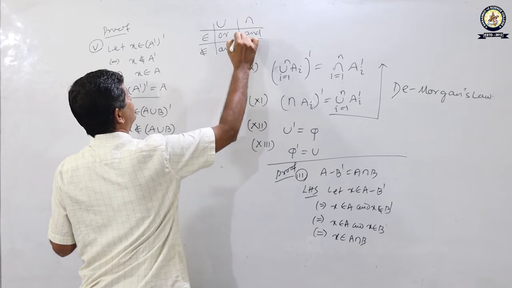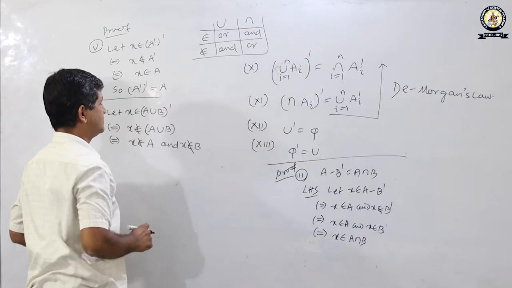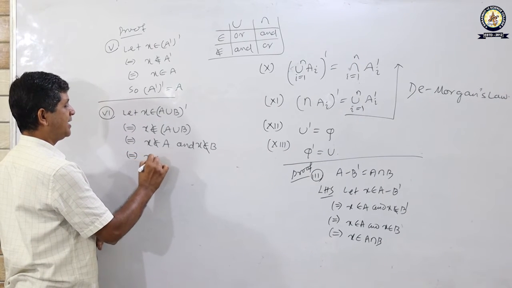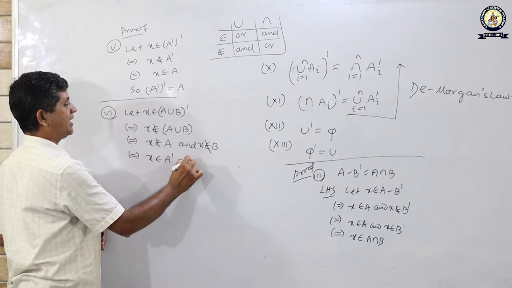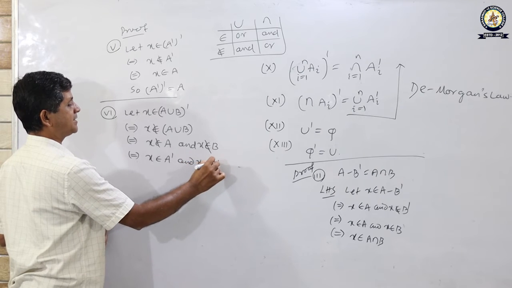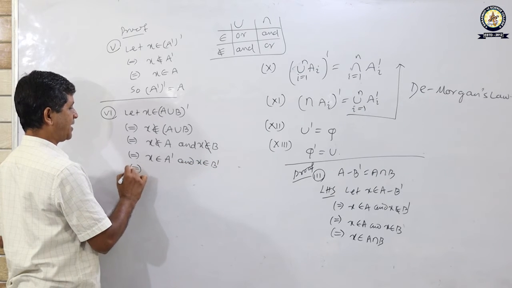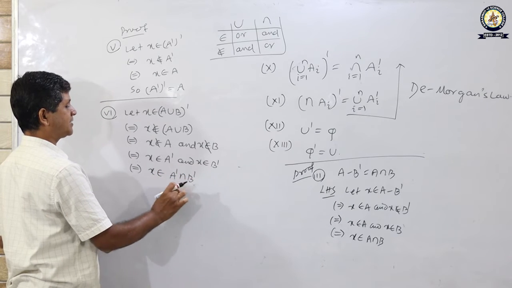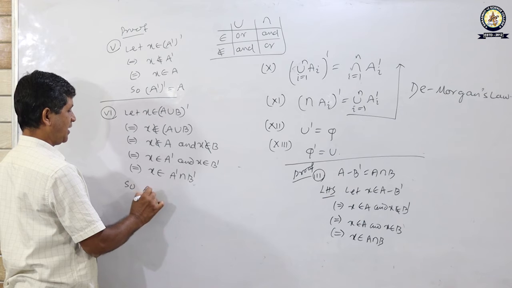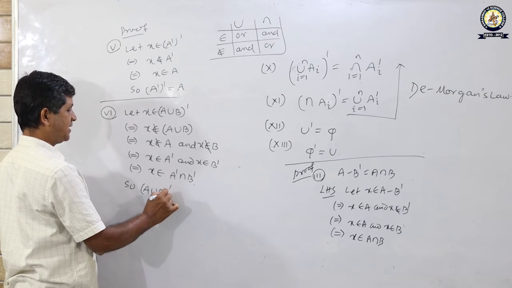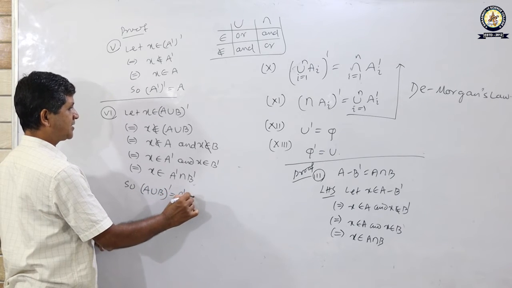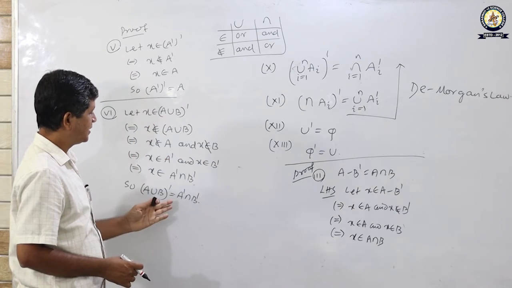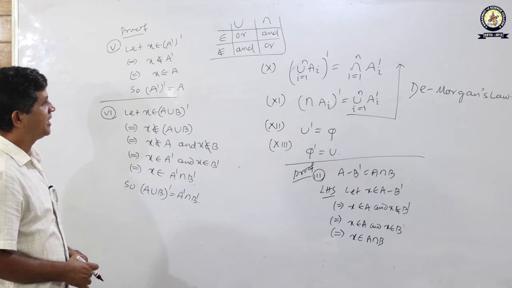Look, x is not in A, so x is in A dash, and x belongs to B dash. This implies and is implied by x belongs to A dash intersection B dash. So A union B whole dash is equal to A dash intersection B dash.